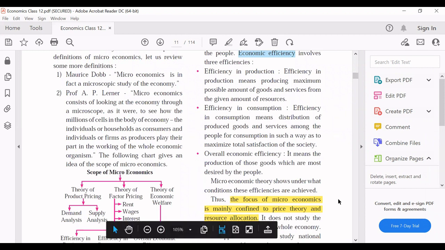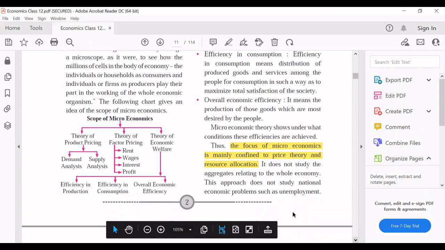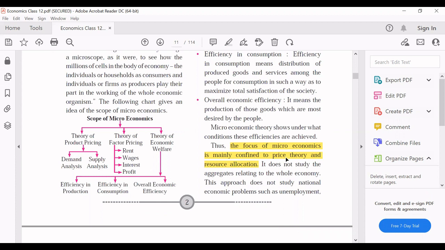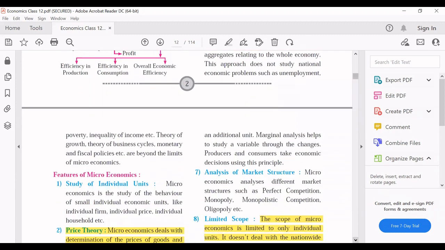One important thing we can see is that the focus of microeconomics is mainly confined to price theory and resource allocation. It does not study the whole economy. Therefore, it's only confined to individual units. So in microeconomics, we are not going into unemployment, inflation or any national problems.